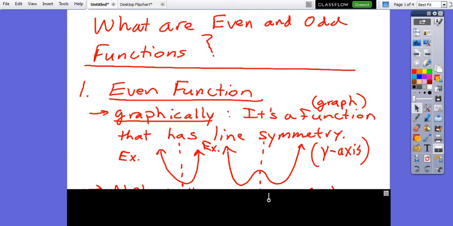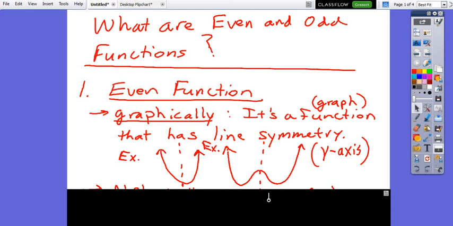You can look over here on our wall of functions and see that a quadratic function is an even function. Are there any other even functions up here? The absolute value. Absolutely. But none of the others are even functions because none of the others can be cut in half with the y-axis.